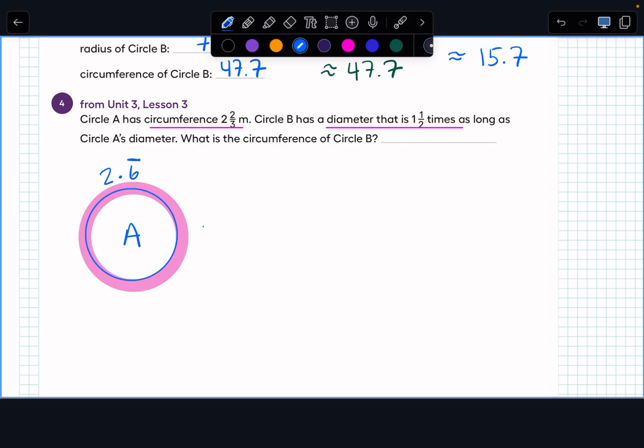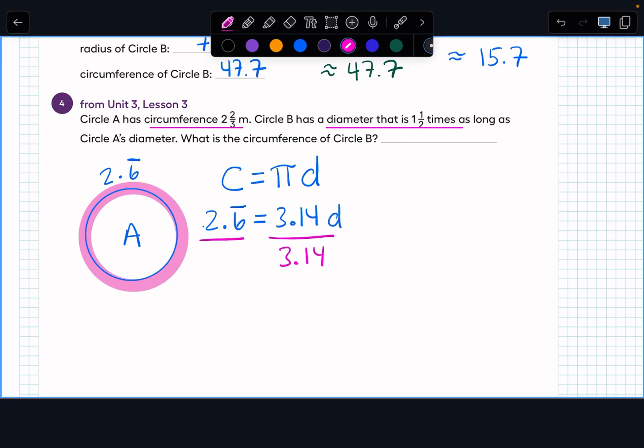So what we need to do is find the diameter of circle A first. So let's roll with C equals pi d. We know that the circumference is 2.6 repeating, and we know 3.14 is pi. So to get diameter all by its lonesome self, we need to divide by 3.14 on both sides.